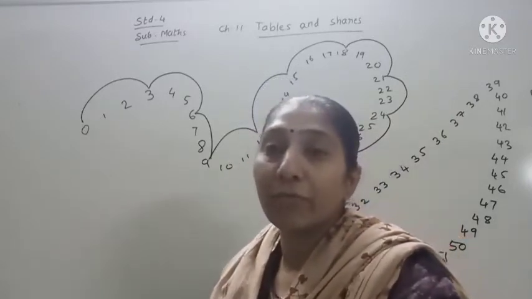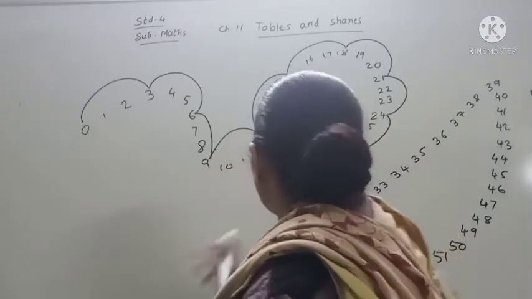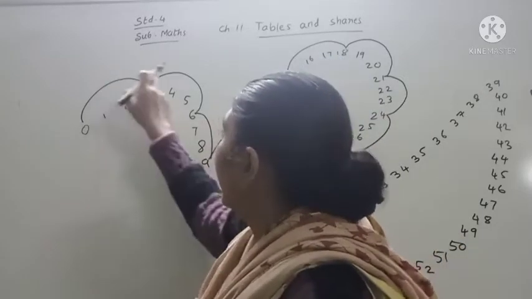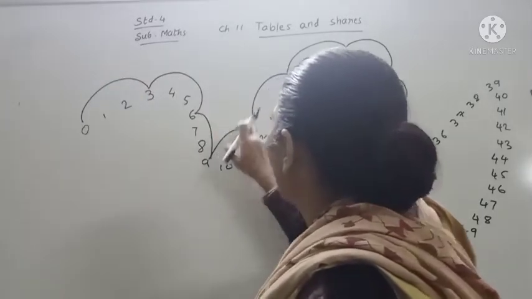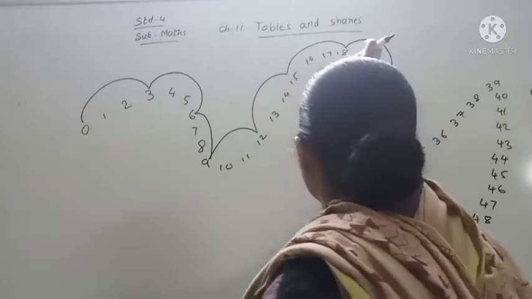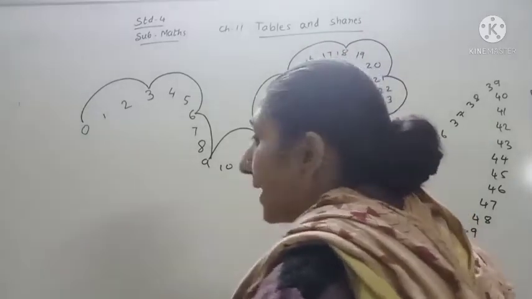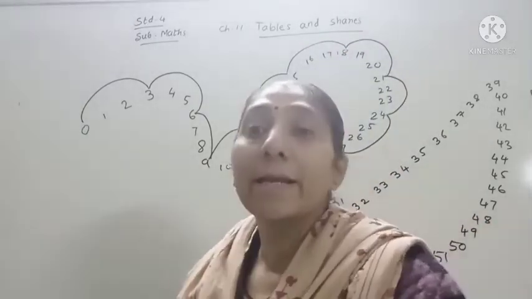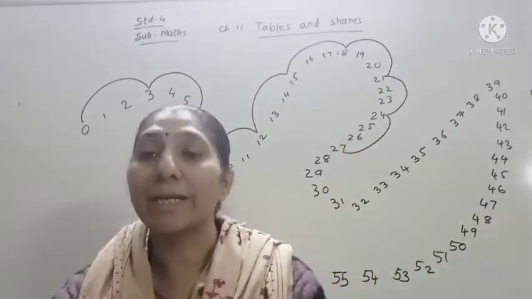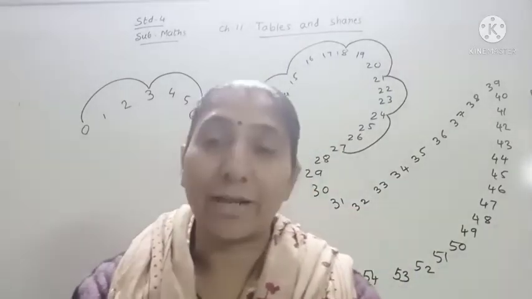So how many jumps did the frog make to reach 27? 1, 2, 3, 4, 5, 6, 7, 8, 9. So he made 9 jumps to reach 27.